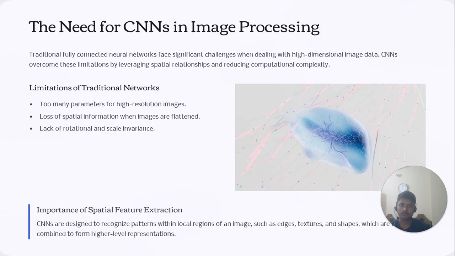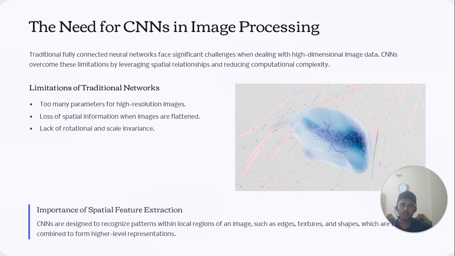Traditionally, fully connected networks struggle with images because high resolution creates too many parameters and it destroys spatial relationships when flattening the pixels. They also don't naturally handle changes in position, rotation, or scale.